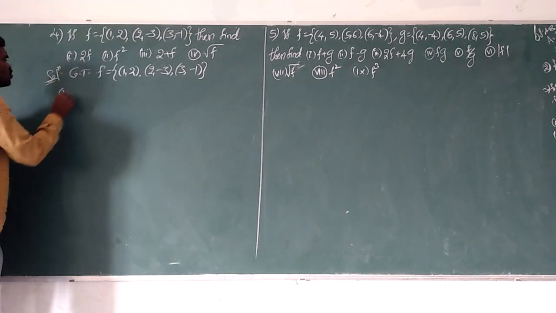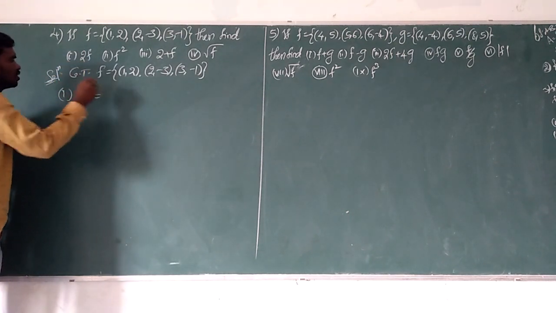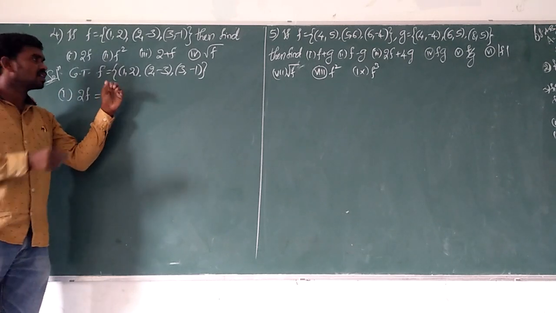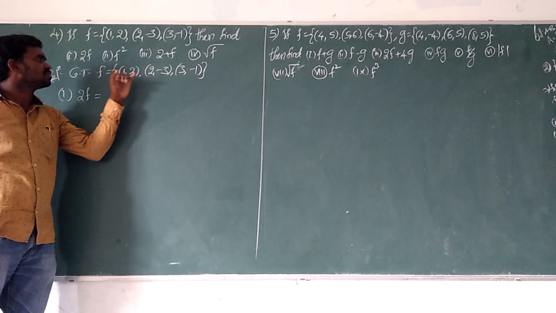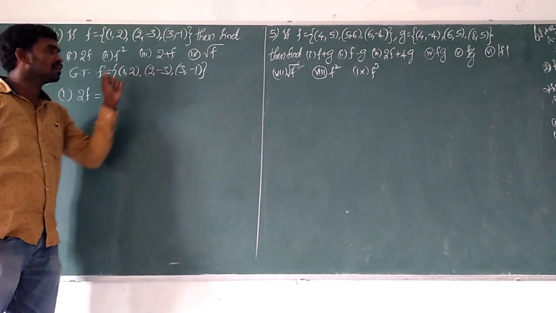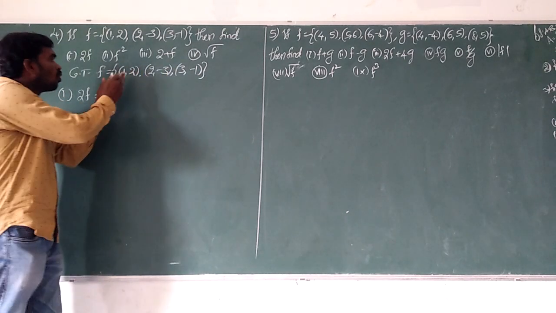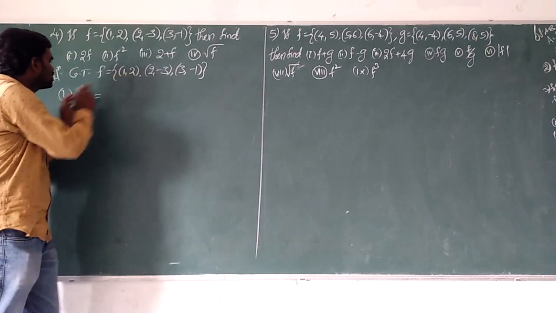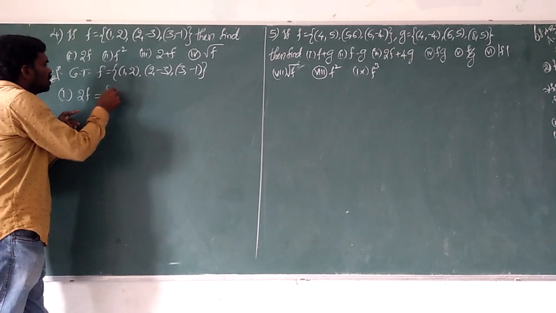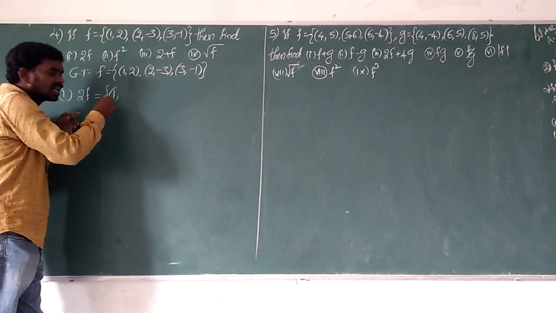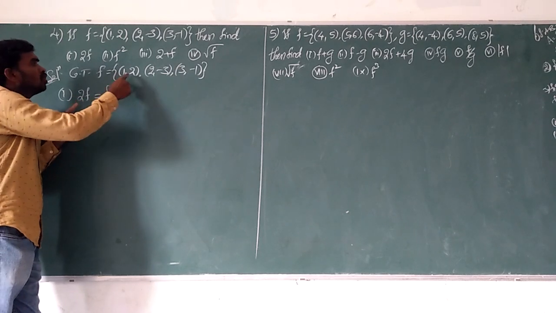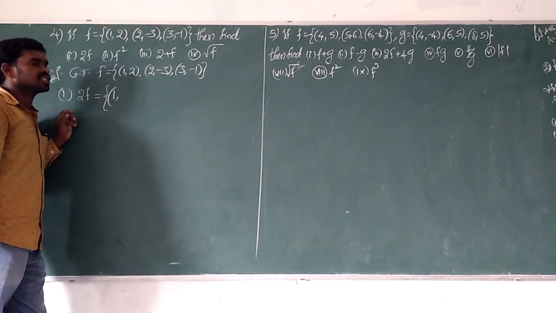The first one is 2f. Okay. Here in functions, when the elements are given in ordered pairs like this, we should apply the operation only to the second part of the elements. Means 2 into f. See, the first element can be written as it is. We should apply whatever the multiplier is to the second term, meaning the images.